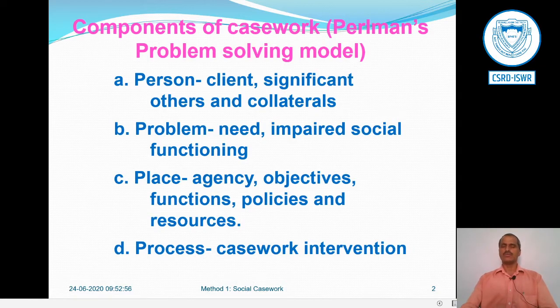Now, the second component, that is problem. Problem in social casework means an unfulfilled personal need, or we can say impaired social functioning. So there are two dimensions with regard to the problem.